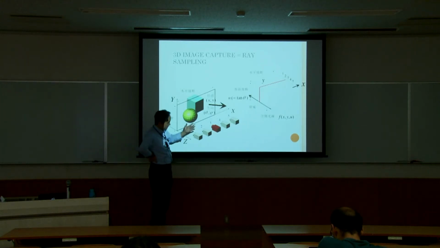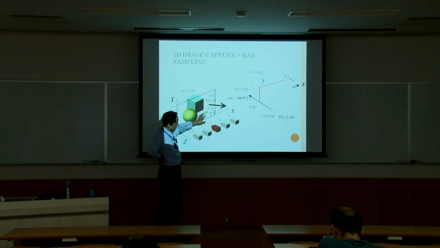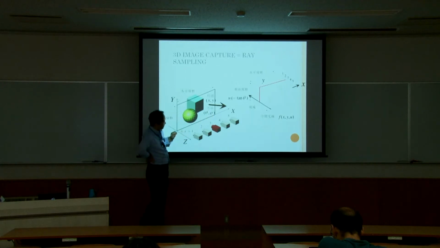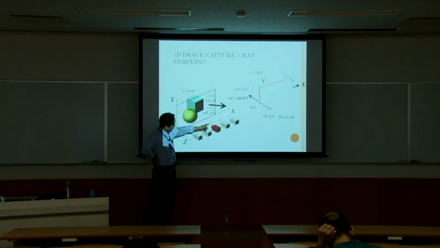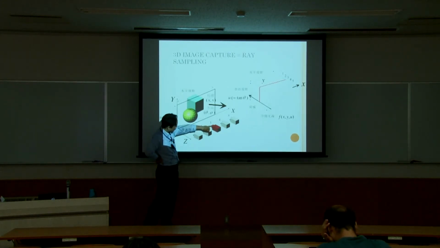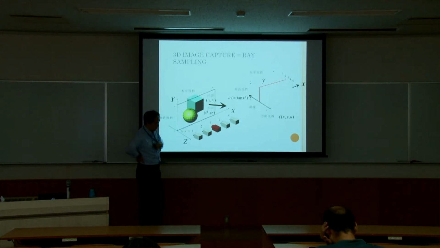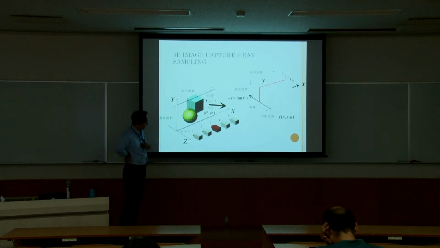What is the relationship between this and ray space? So, in the 3D scene, there are many light rays emitting, and camera 3 captures only light rays which traverse the lens of this camera 3.